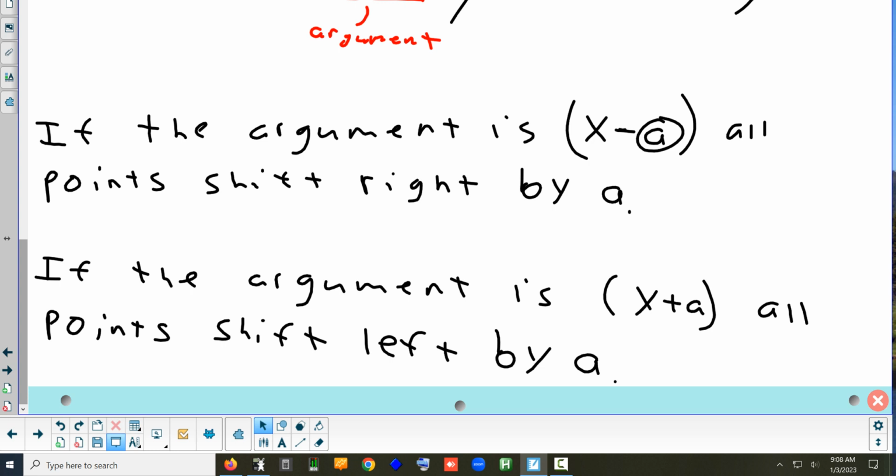But I'll tell you the most common numbers that we shift by in degrees are 45, 90, and 180. That's usually what we shift by. So in radians, you would see pi over 4, pi over 2, and pi. It's 45, 90, and 180.